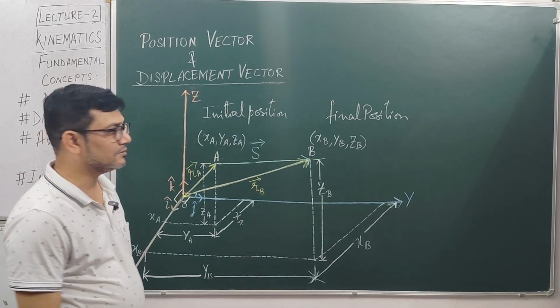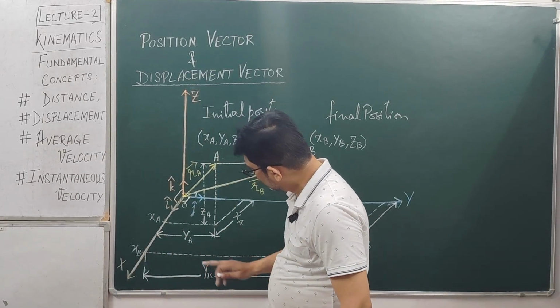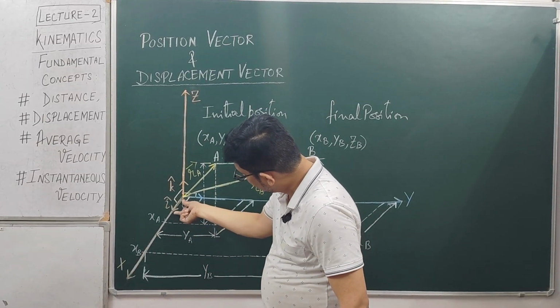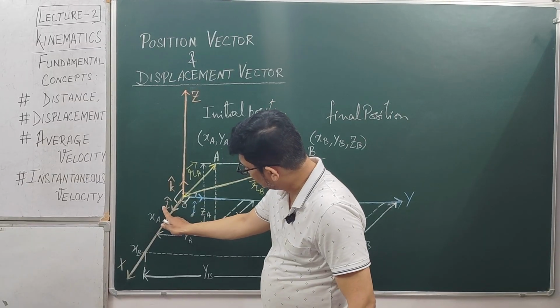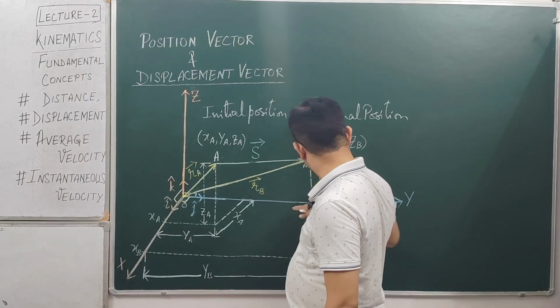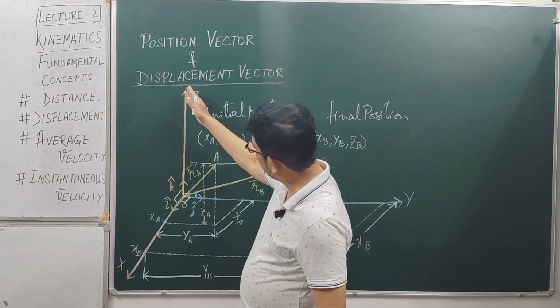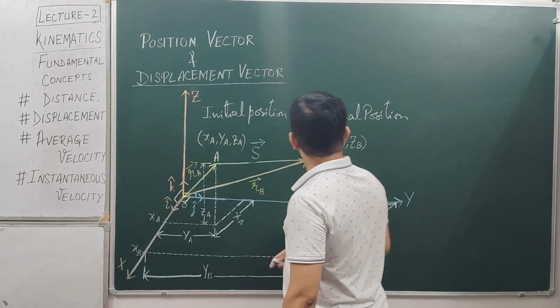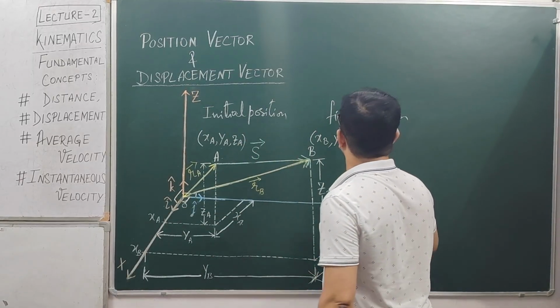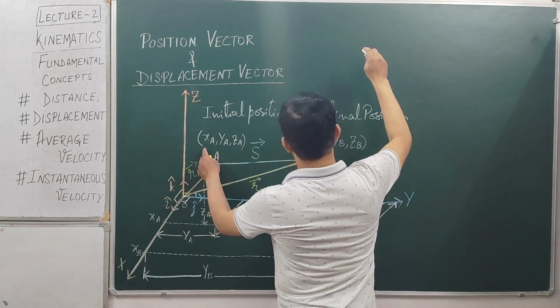In vector notation, how are we going to write it? We also know that the unit vector along the x-axis is i cap, the unit vector along the y-axis is j cap, and the unit vector along the z-axis is k cap. Having this understanding, now let's write this in terms of vector notation.